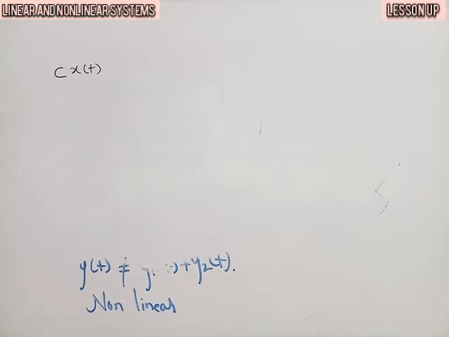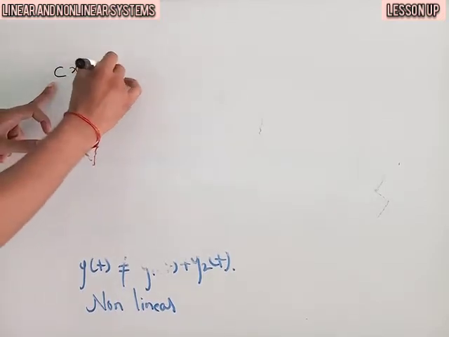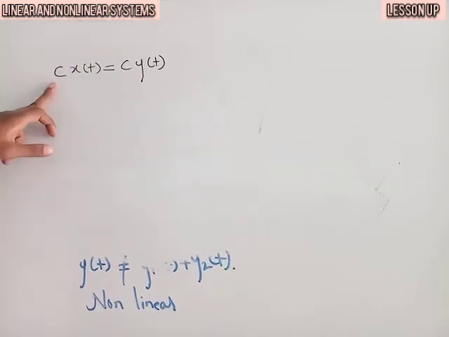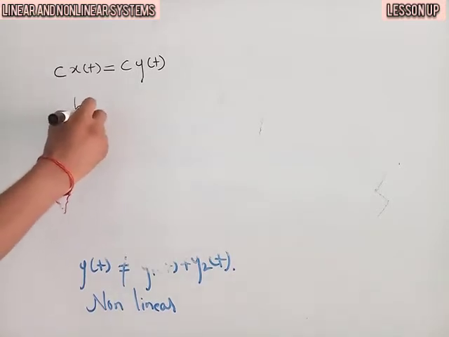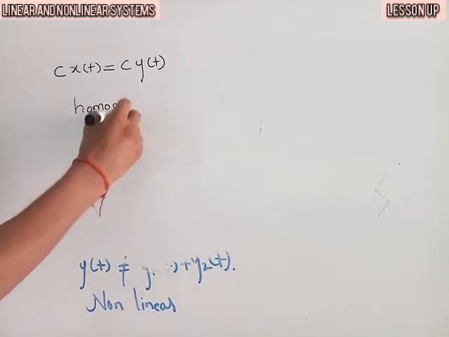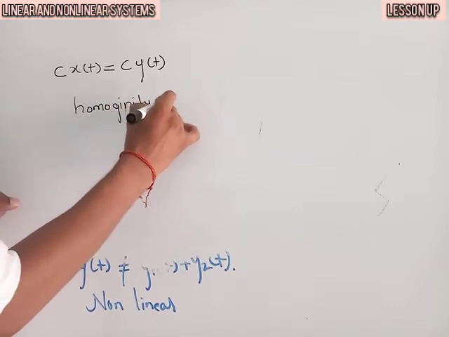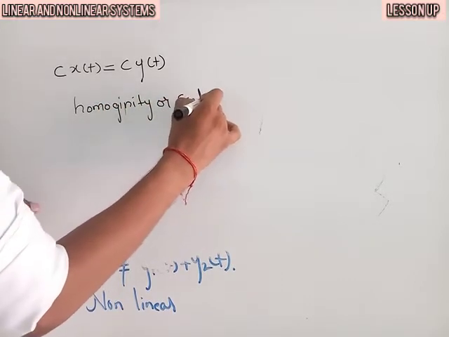So, the output due to the scaled input must be equal to the scaled version of the output. Okay, this property is called homogeneity or scaling.